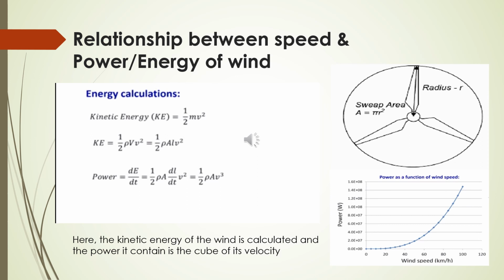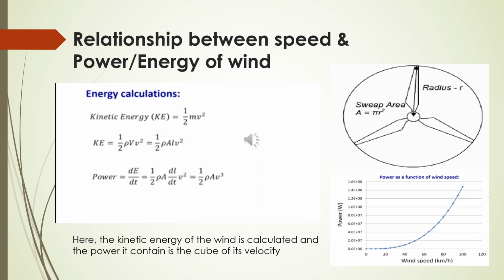So the kinetic energy is half rho into A, the area of cross section or the area covered by the blades of the turbine, into L into the square of the velocity of the wind.